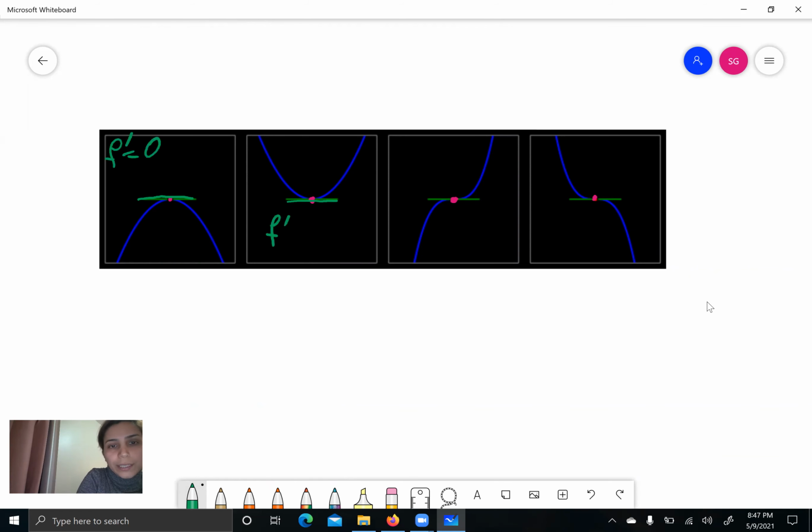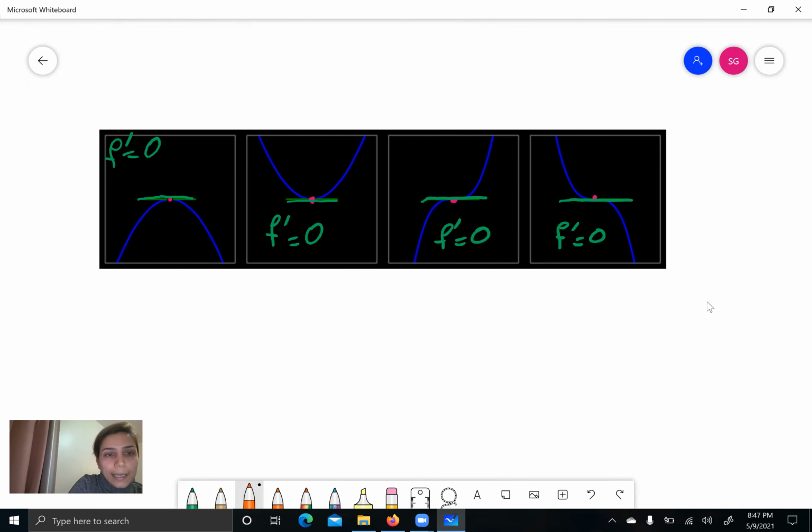The first derivative here at this point is 0. The tangent line is flat. The first derivative is 0. So if I just want to rely on the first derivative, the first derivative at all of them is 0, but the behavior of the function is different.